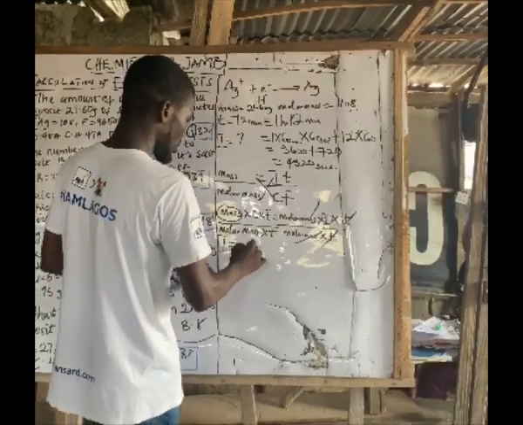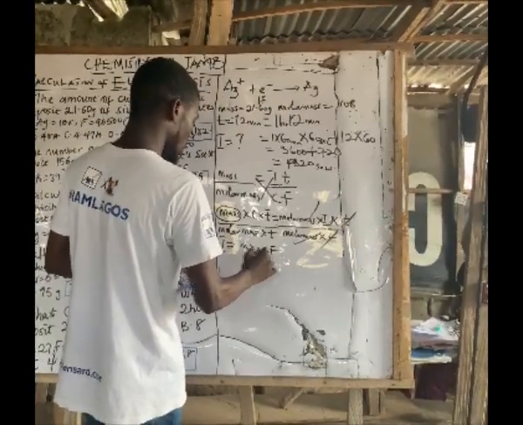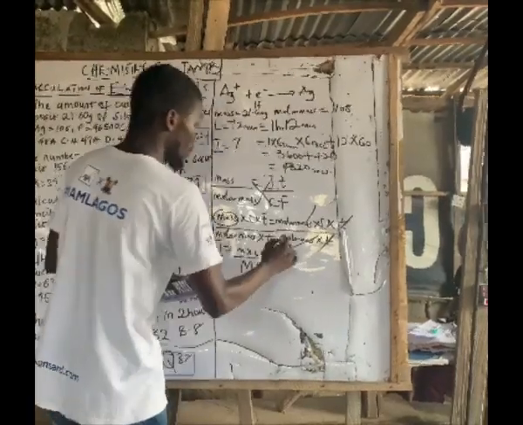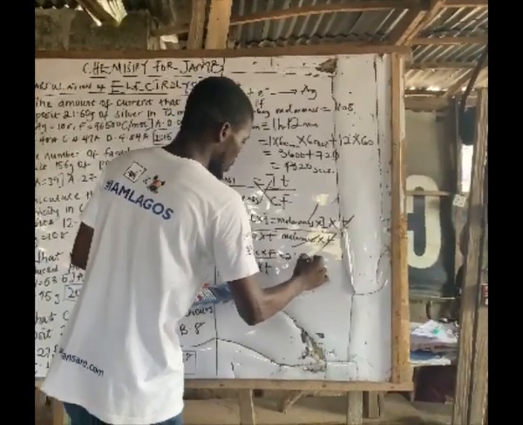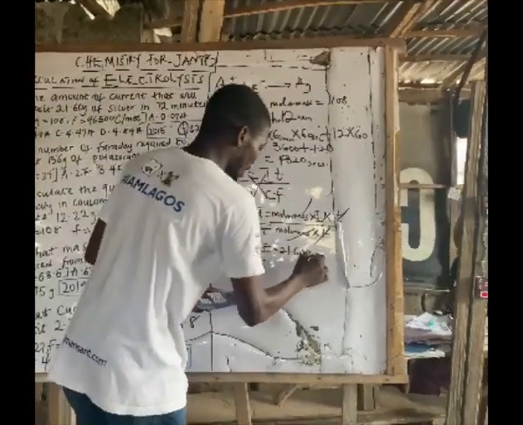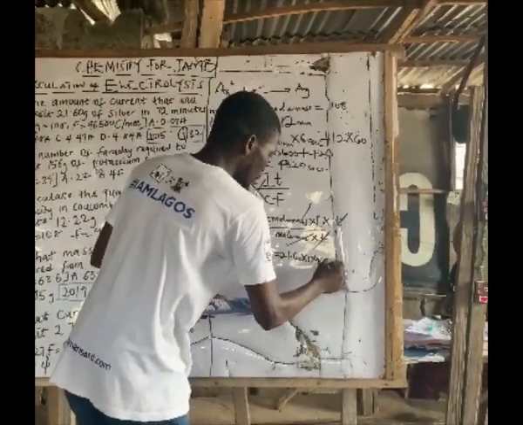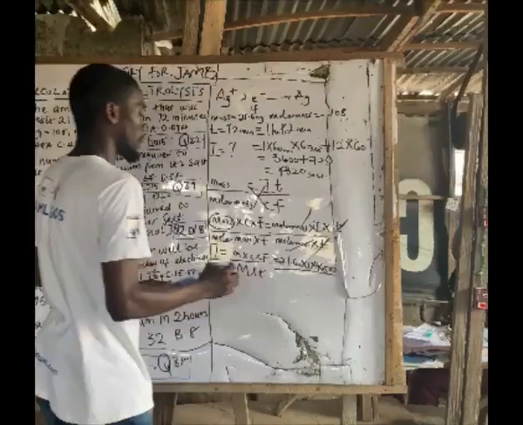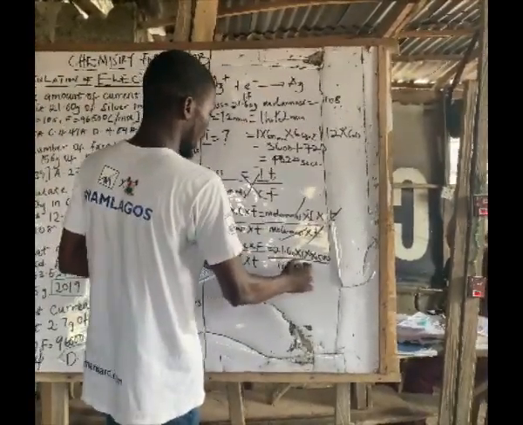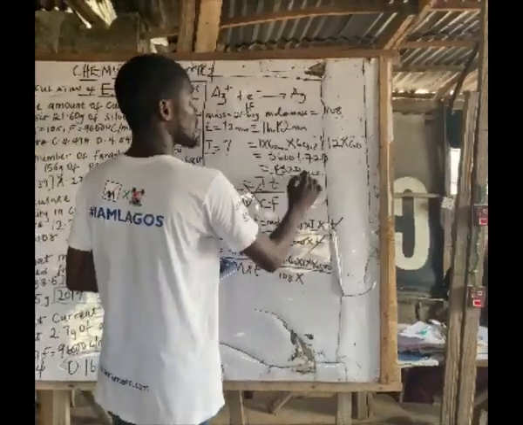So I have mass times C times F over molar mass times T. What's our mass? We have 1.60 multiplied by C, the charge, which is 1, times 96500, divided by our molar mass, 108, multiplied by the time.